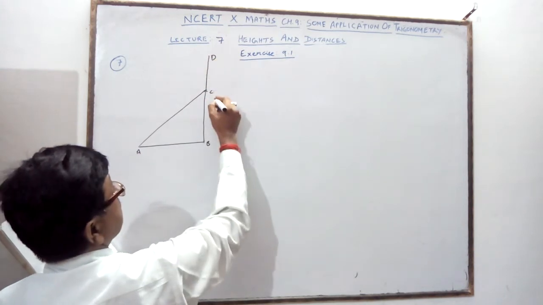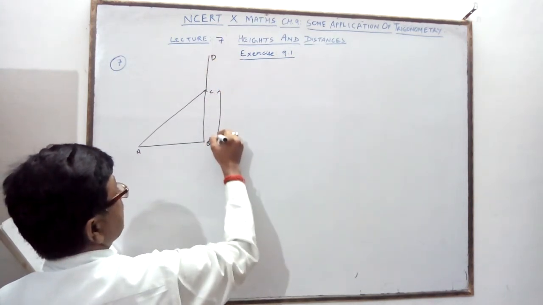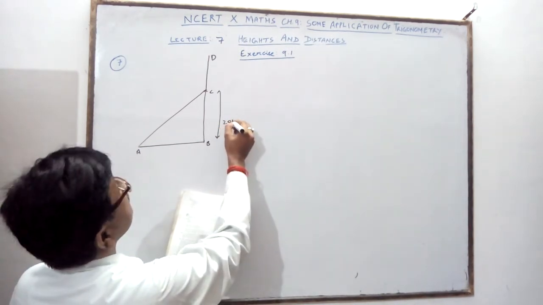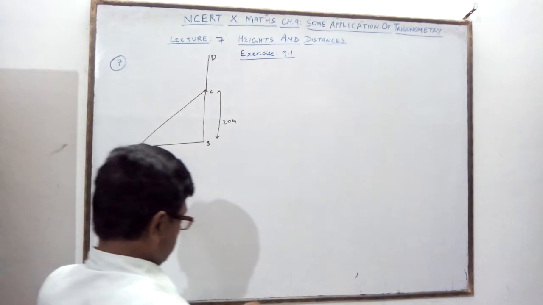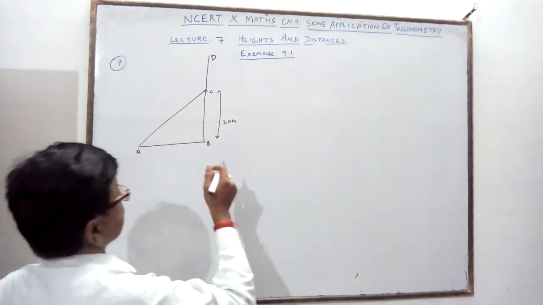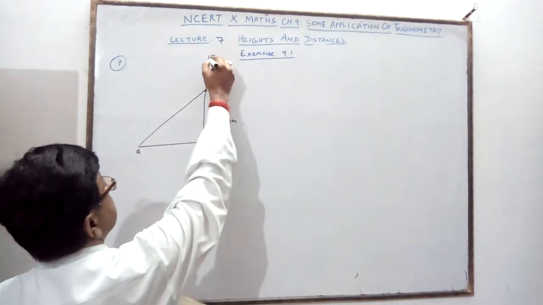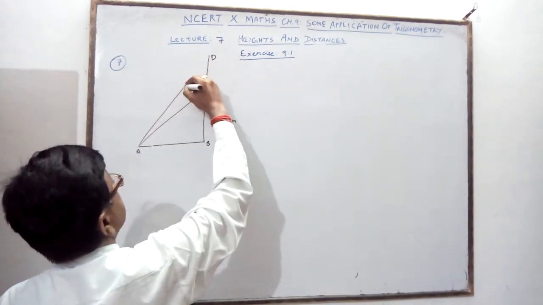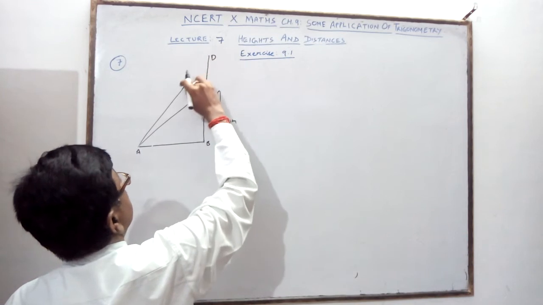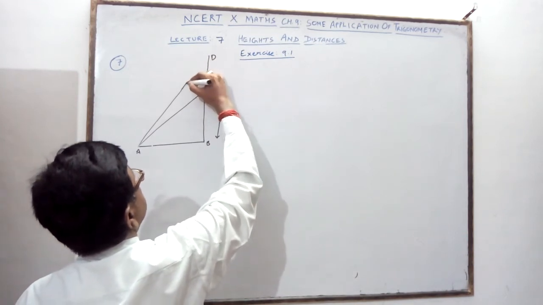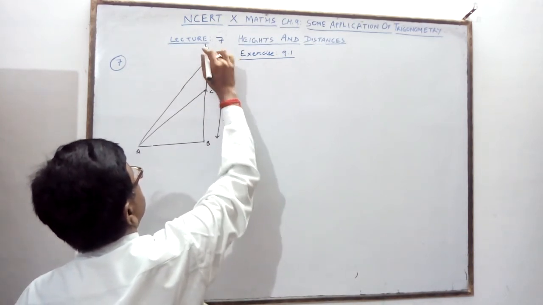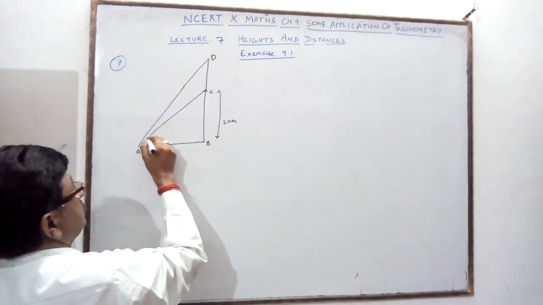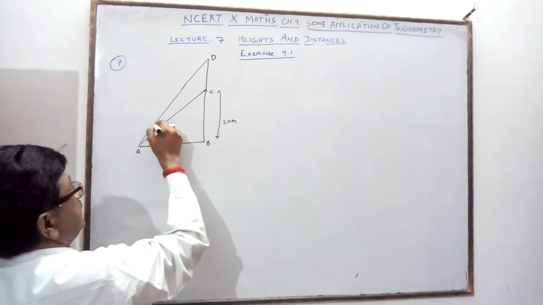It is a tower, it is a building. The building's height is given: 20 meter. Then the transmission tower is fitted on this, and the angles of elevation of the bottom and top of this tower, from here there are two angles, one here and one here.